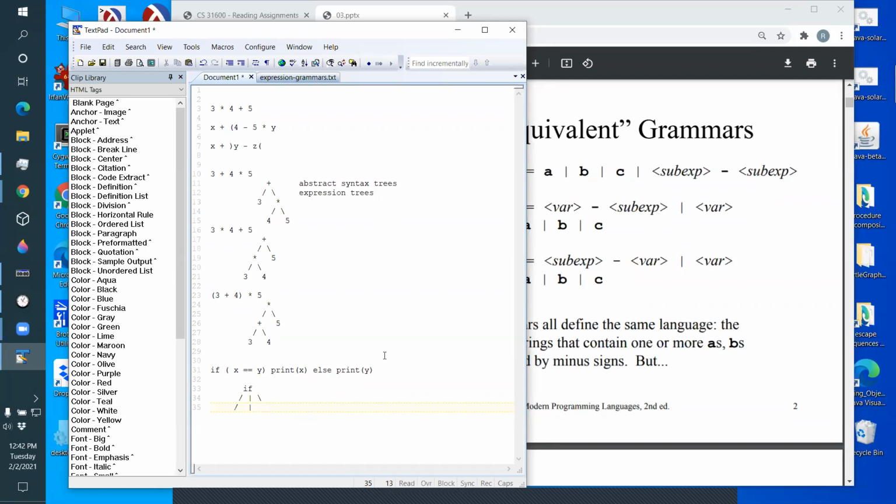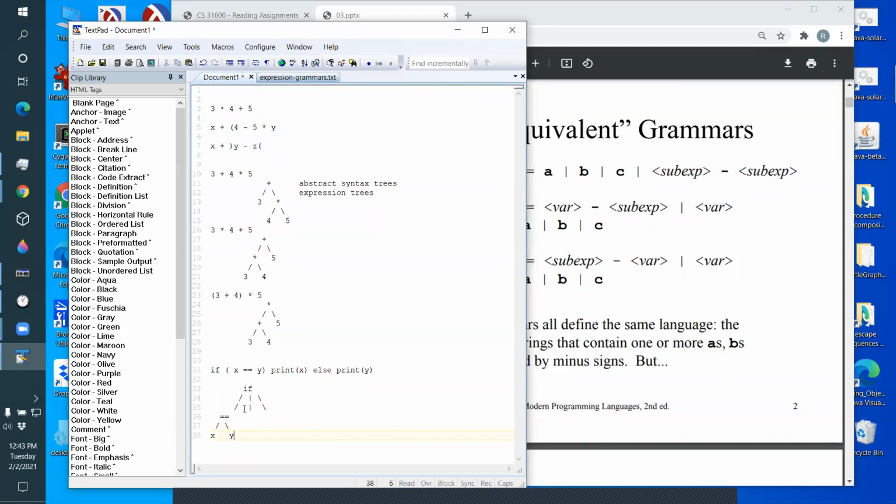The left part is this equality operator with X on the right and Y on the left.